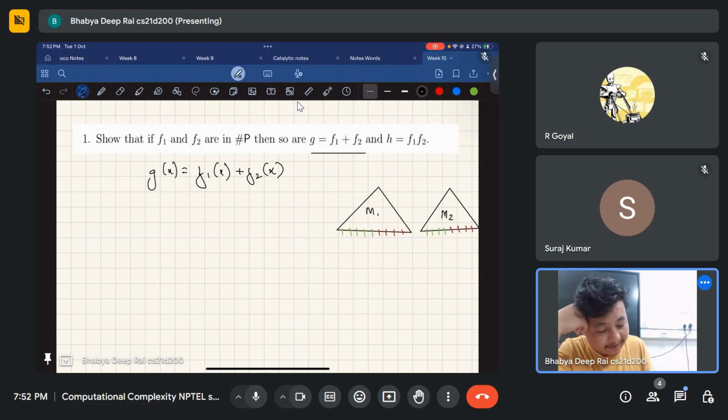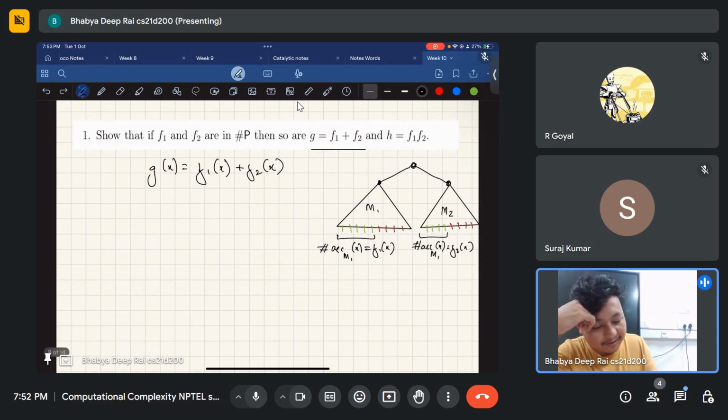The number of accepting paths of M1 on x is equal to f1 of x, and the number of accepting paths of M2 on x is equal to f2 of x. And here is the facilitator you are saying. This final non-deterministic machine, which I will call M, on input x will have f1 many accepting paths plus f2 many accepting paths.